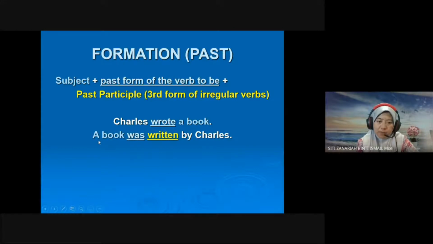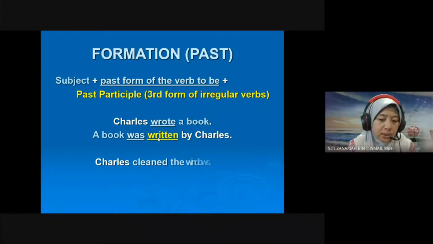For the passive voice, you have to bear in mind, use past participles in the sentence. But you have to identify what the word in the active form is. If the word in the active form is past tense, then you have to write in the past tense form. A book was written. Compared with the previous one, a book is written, it is in the present tense formation.